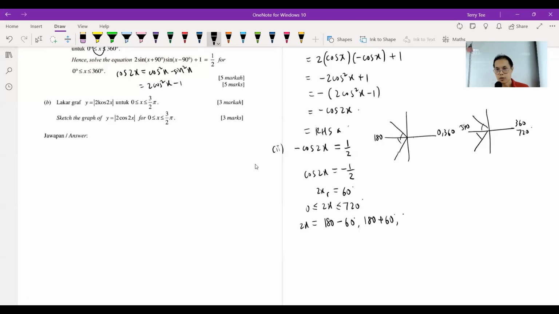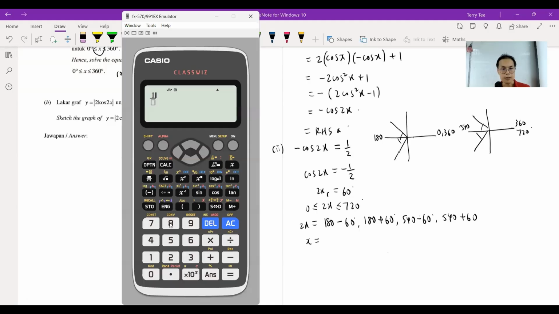Next, 540 minus 60, 540 plus 60. So whatever you get here, you got to divide by 2. Okay, let me just use this calculator instead. Let me take 180 minus 60 divided by 2. 180 minus 60 is 120. 120 divided by 2 is 60.